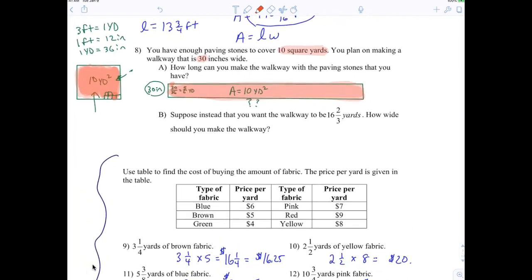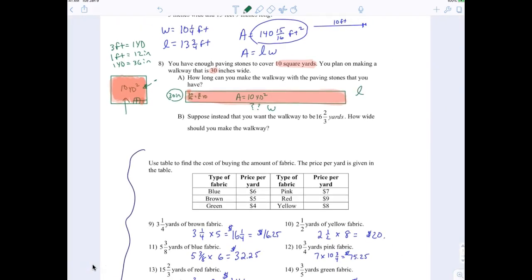So now I'm missing the width. Everybody in their picture needs to put a W down. So length times width has to be 10. And what's our length so far? 5/6, right? 5/6 times W equals 10.